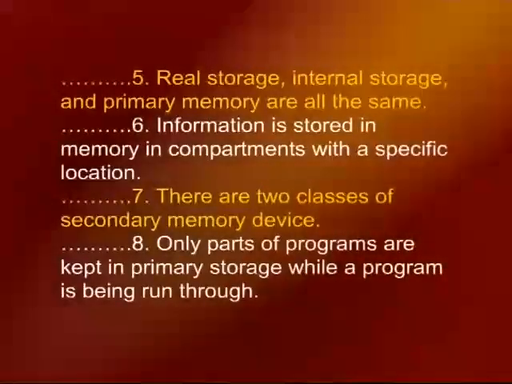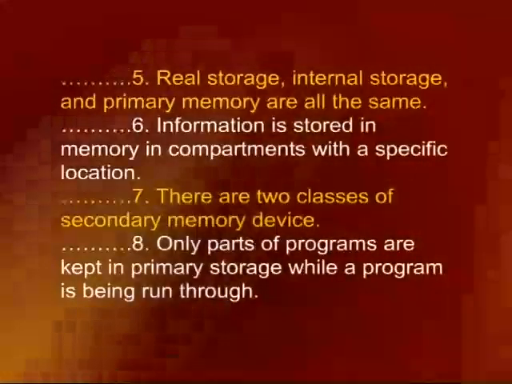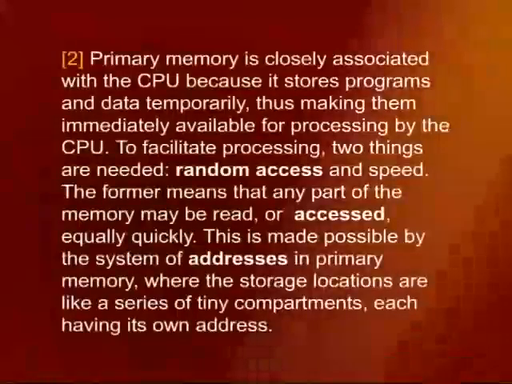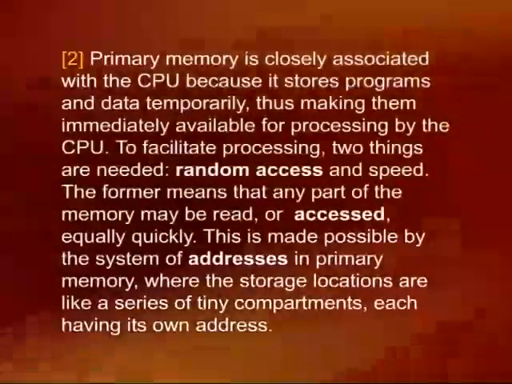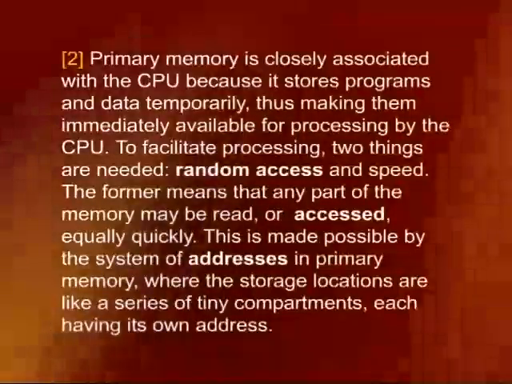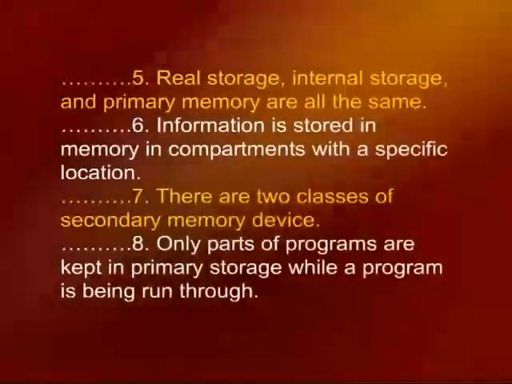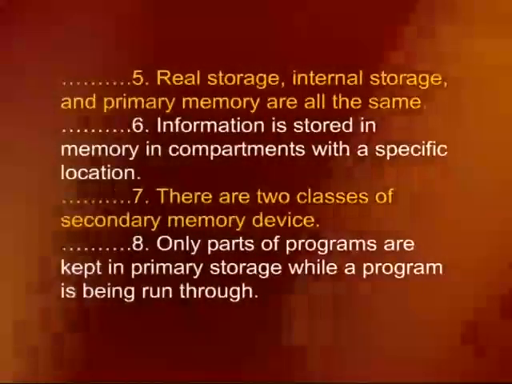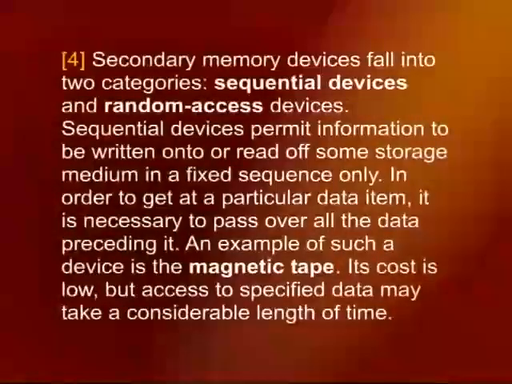Statement number 6. Information is stored in memory in compartments with a specific location. This information is to be found in paragraph 2. And number 7, there are 2 classes of secondary memory device, and that is in paragraph 4.